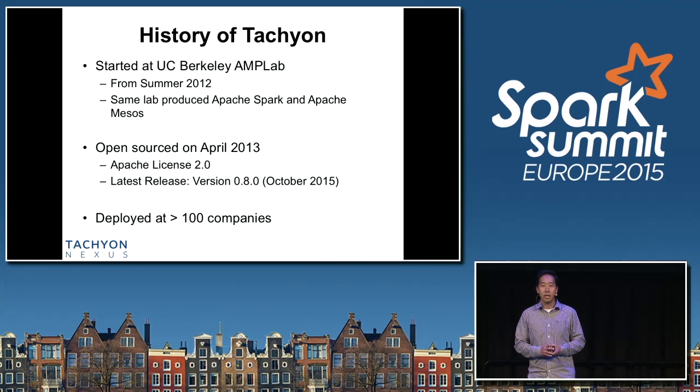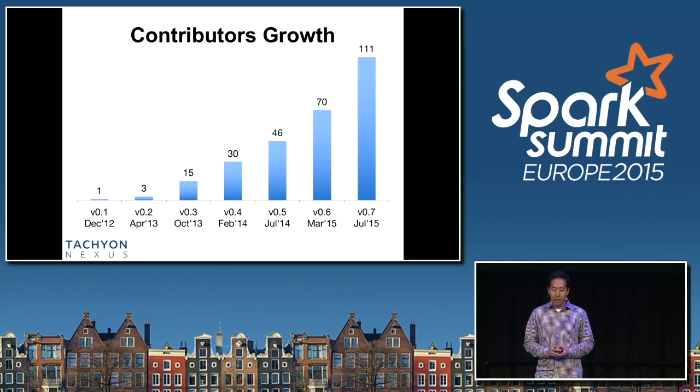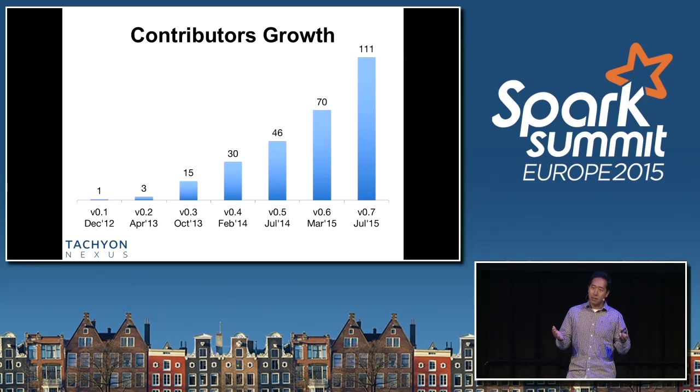In 2013, HY open sourced the project, and after about 2.5 years, we just released version 0.8.0 last week. Tachyon has been getting a lot of momentum, and right now there are over 100 companies that have been deploying Tachyon.